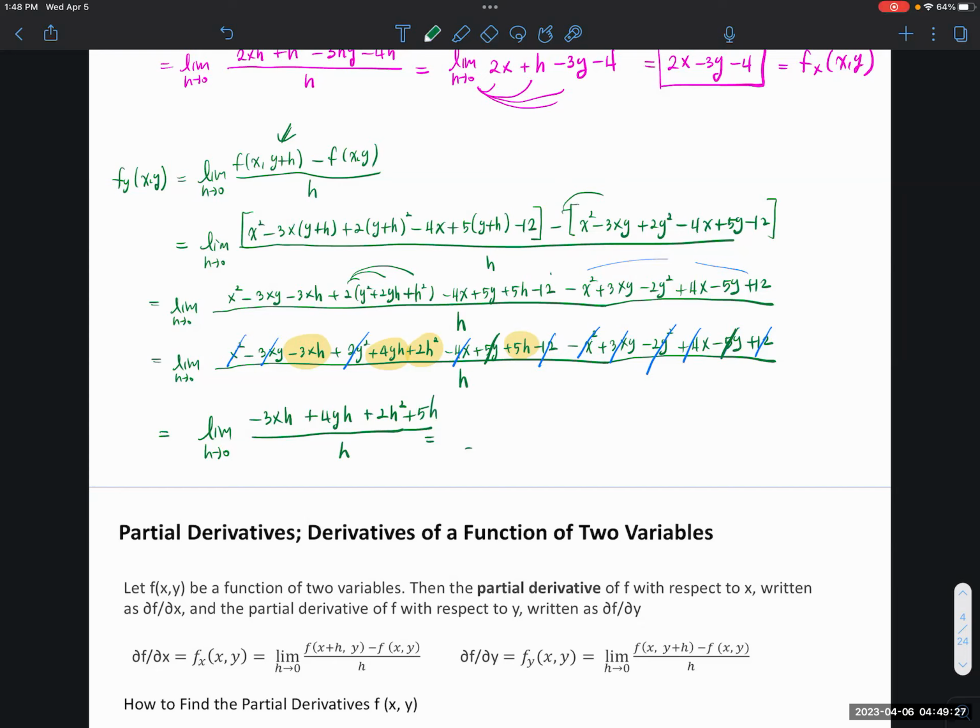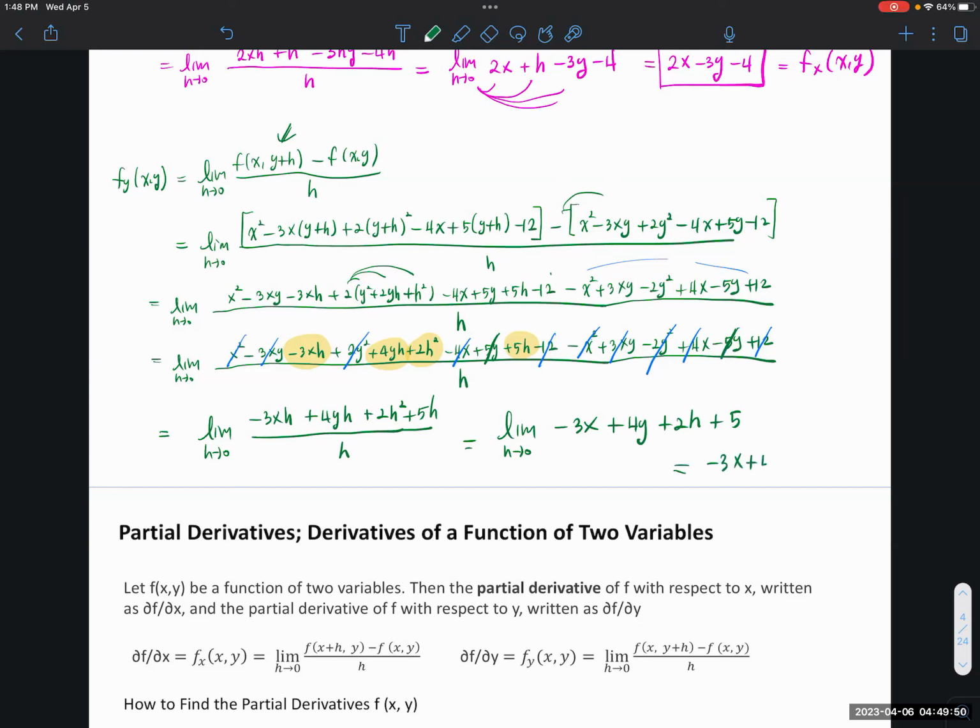So now we have 5h. Are we good? Now I can divide by h everywhere. So that is going to be equal to the limit of negative 3x plus 4y plus 2h plus 5. And now we're going to plug in 0 only into the h spot. So what are you going to get?